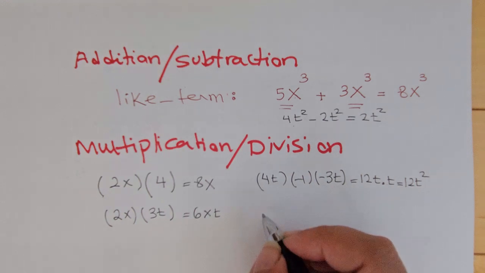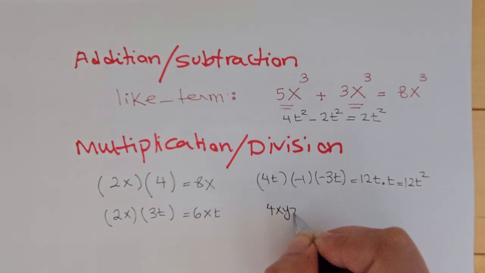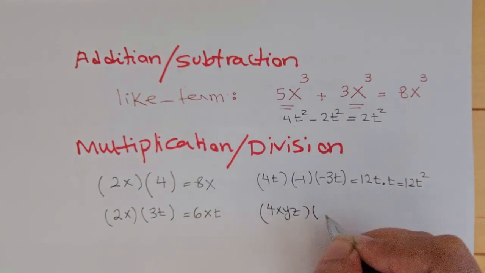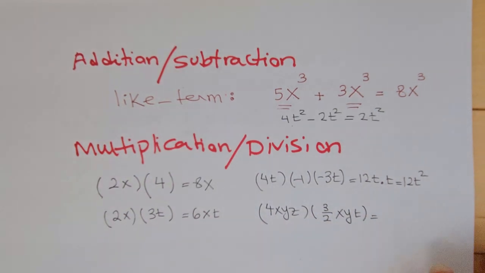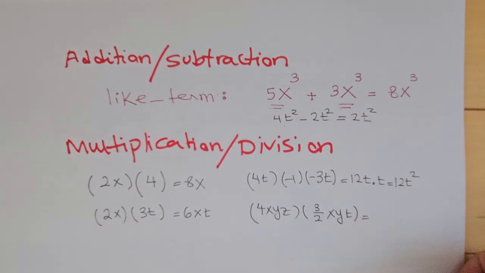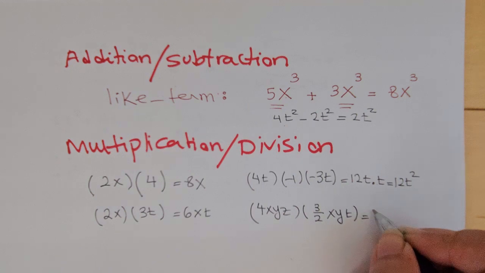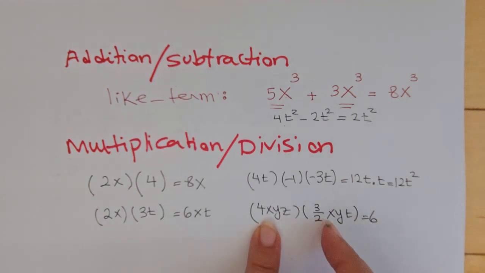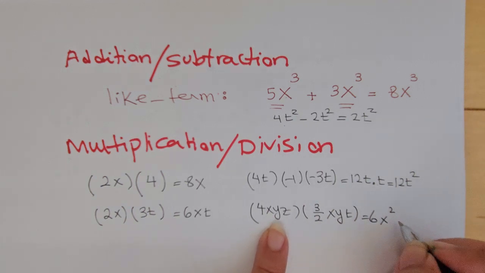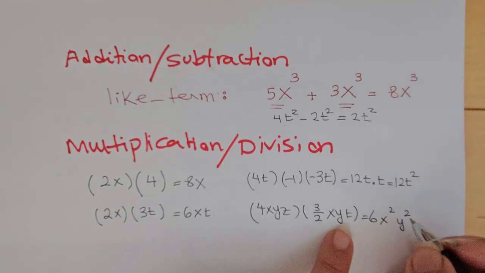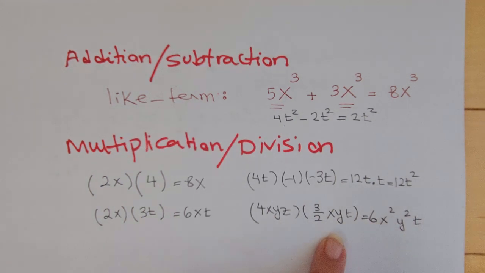Okay, let me do another one. 4xyz multiplied by 3 over 2xyt. So here, the constants multiplied by one another would be 12 over 2, which is 6. Then I have x multiplied by x squared, y multiplied by y squared, and then t on its own. So this is the final answer.